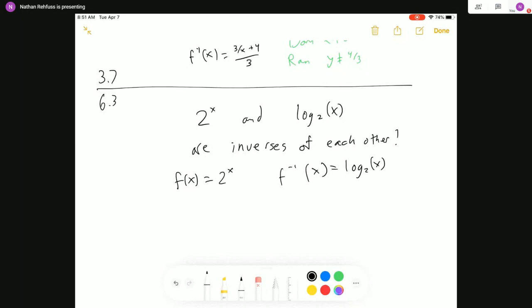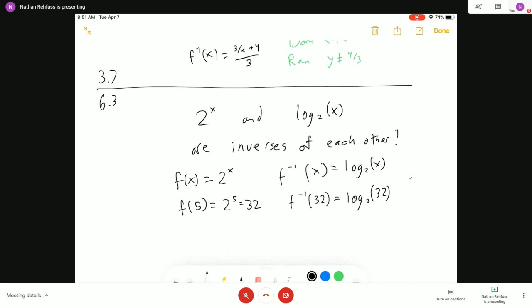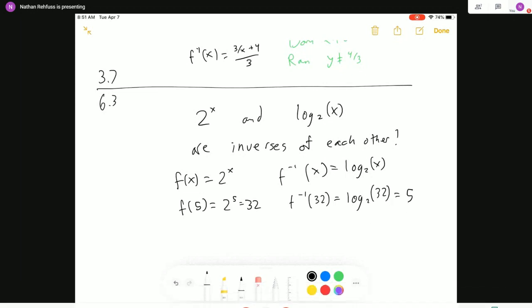So for example, if I take f of 5, I get 2 to the 5th equals 32. But if I take f inverse of 32, I get log base 2 of 32. And this is asking the question, 2 raised to what power gets me a 32? Well, of course, the answer is 5.